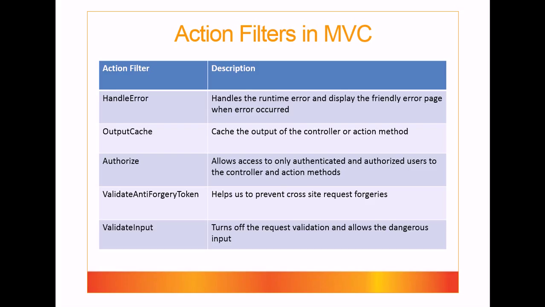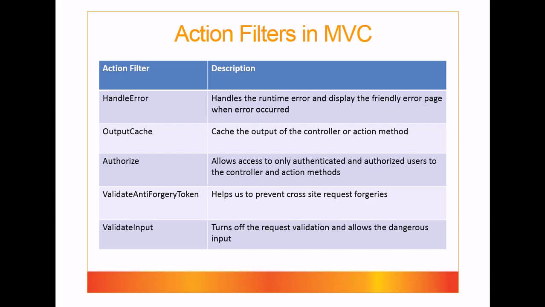The user will be annoyed by seeing those messages. So instead, we can use this handle error action filter and use it globally in the application, so whenever any runtime error occurs, we can display a friendly error page.